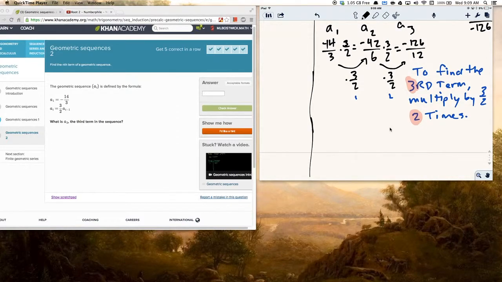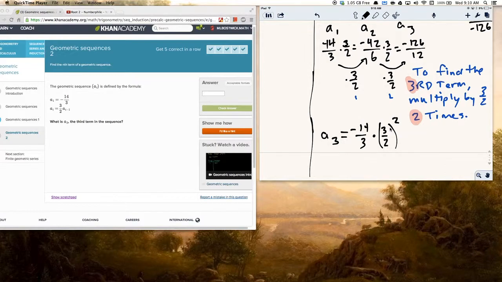If I know that I'm looking for a3, I know that the sequence starts at negative 14 over 3. And then I know that I'm going to multiply by 3 halves. And the question is, to get to the third term, how many times do you have to multiply by 3 halves? And the answer is 2 times. And how do you multiply by 3 halves more than once? Well, you raise it to the power of 2.